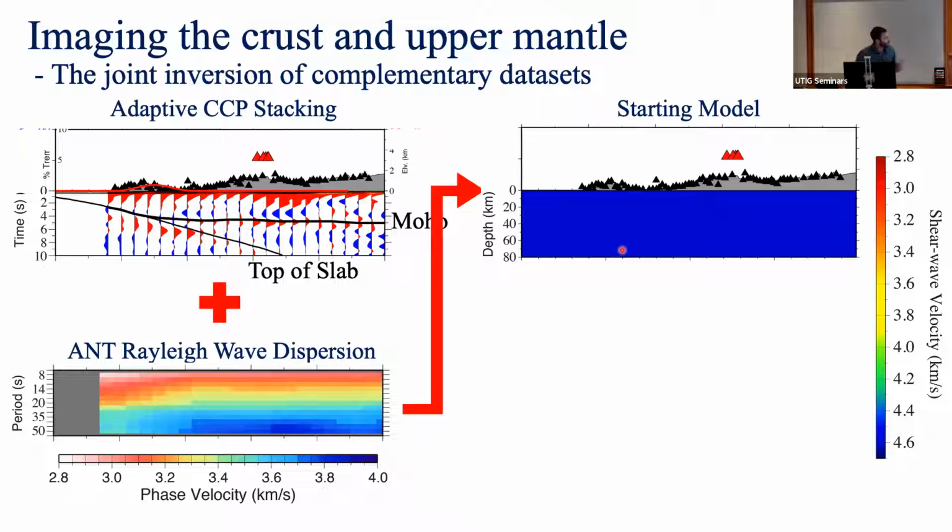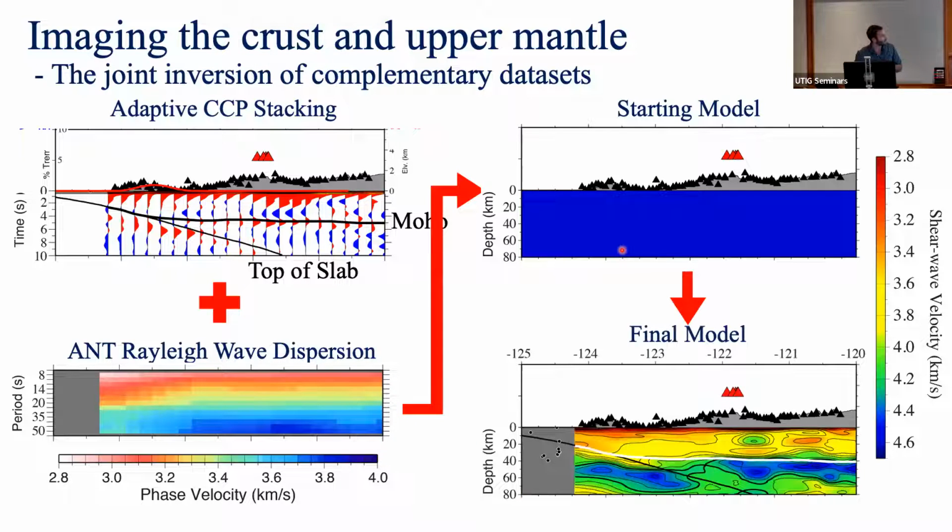But when we simultaneously fit both of these data sets, we recover a final model that looks like what we would expect it to look like for a subduction zone. That's always promising. So first we see that we have this transition from yellow velocities, things that are consistent with crystalline crustal material, transitioning to these blues, consistent with mantle lithosphere, corresponding with that independent estimate of crustal thickness.